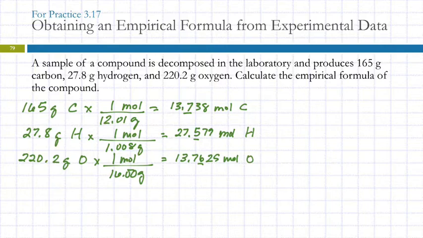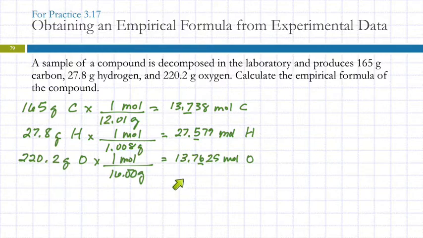So those are the moles in this particular sample. So I could write, C 13.738, H 27.579, O 13.7625. But we need to find what the lowest whole number ratio is.